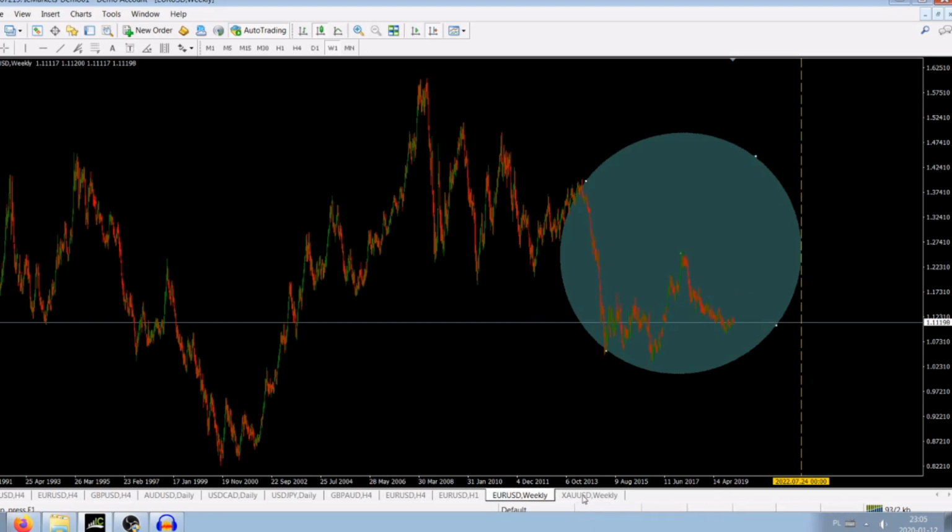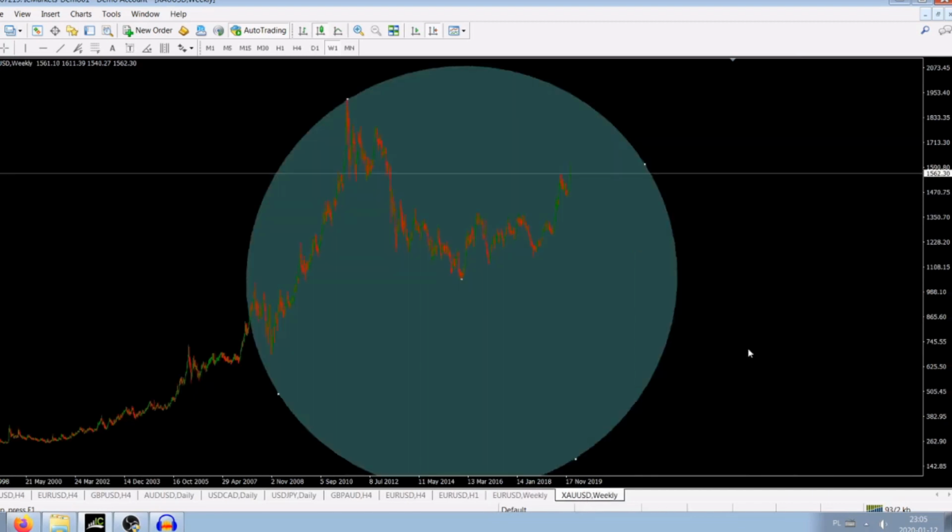Let's have a butcher's at gold. This is gold, weekly chart. Again, same story. Middle radius with the top, which is somewhere in 2010, $1,920. There was the top when it was the gold rush. You remember when all the investors ran away from all currencies, shares, whatever they had, and they were buying gold like crazy.